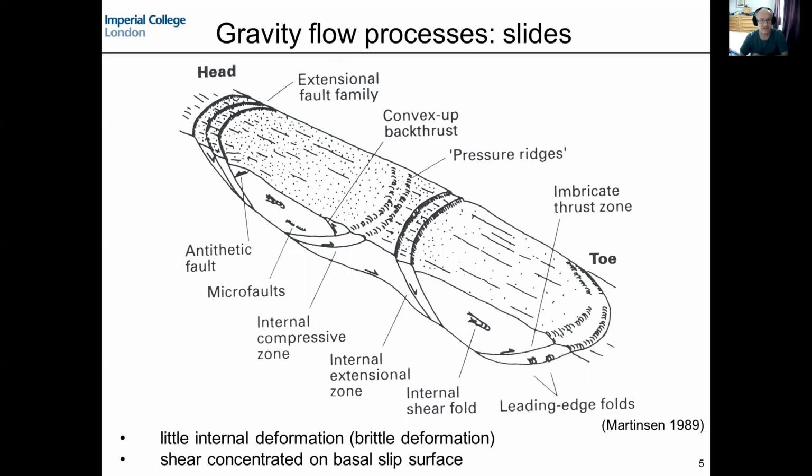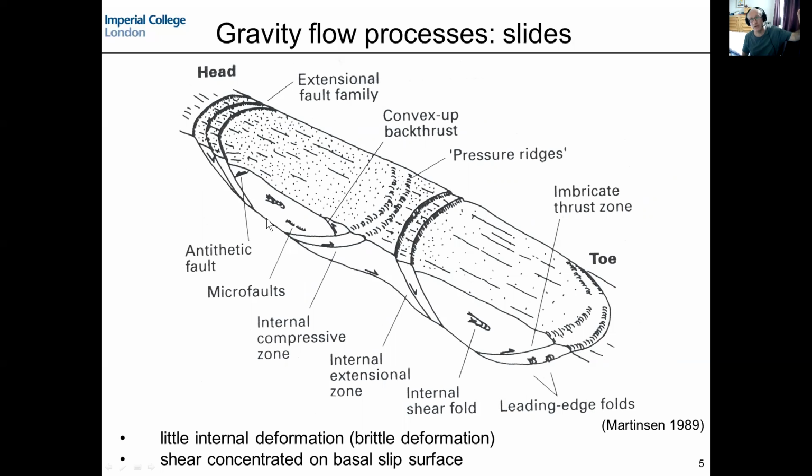The first of these are slides. You can think about these as being blocks of coherent sediment which have faults at the up dip end and faults at their down dip end. And these blocks move along a basal slip surface. This is shown by this arrow in here.